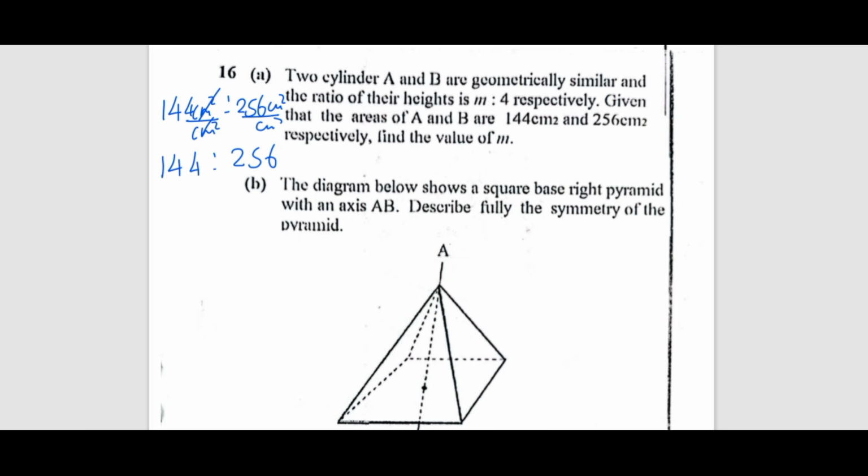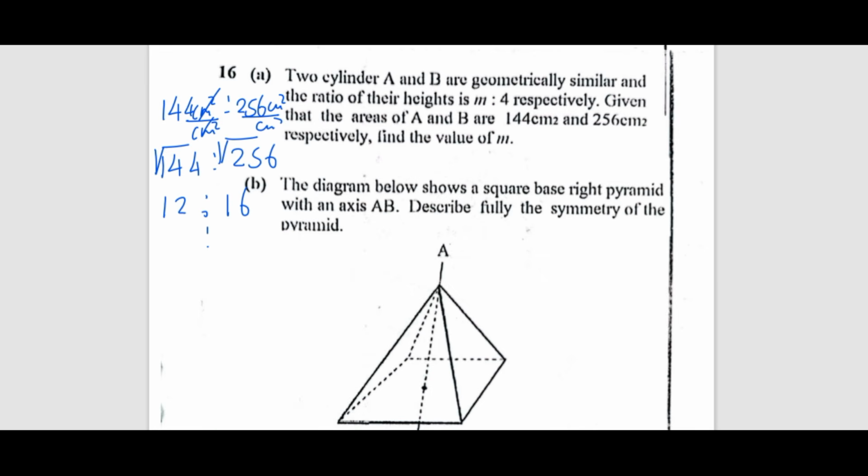Since these two numbers represent the area, we are going to find the square root for each. So the square root of 144 is 12. Then the square root of 256 is 16. So we have these two ratios.